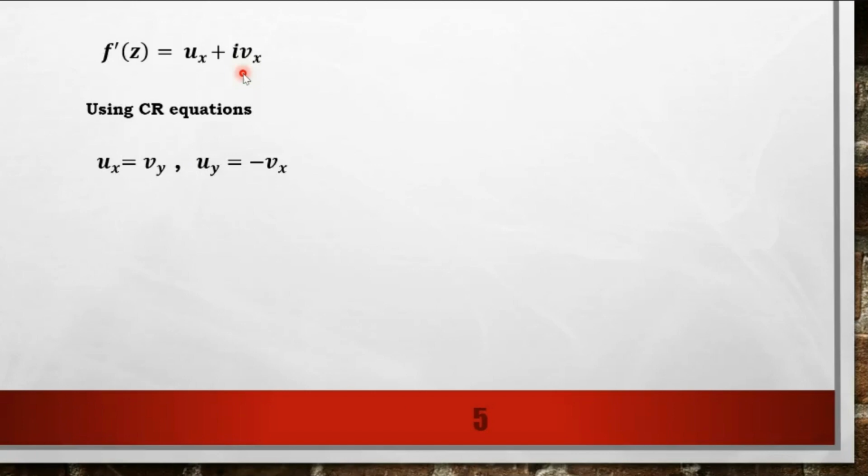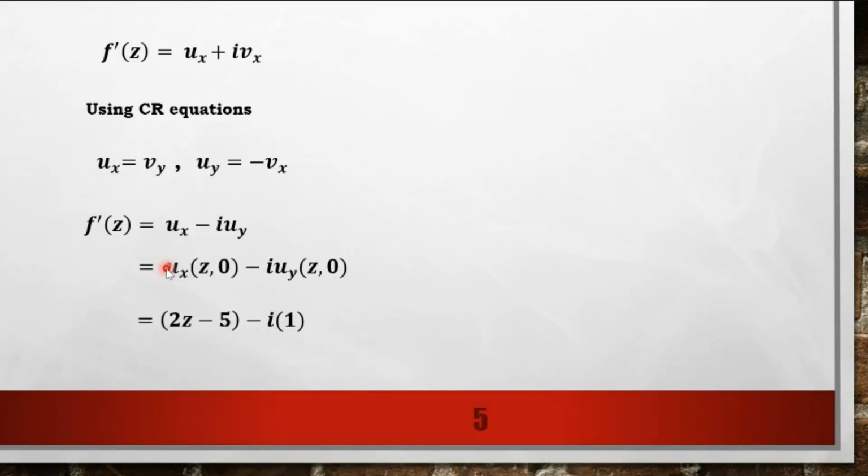Okay, so ux is equal to vy, uy is equal to minus vx use करके vx को हम minus uy put करेंगे. So I will get f dash of z is equal to ux minus i into uy. ठीक है? Clear this part. So f dash of z is equal to ux minus i uy. Now we know what is ux at the point z comma 0, uy at the point z comma 0. So what was ux at the point z comma 0? We got the answer as 2z minus 5.